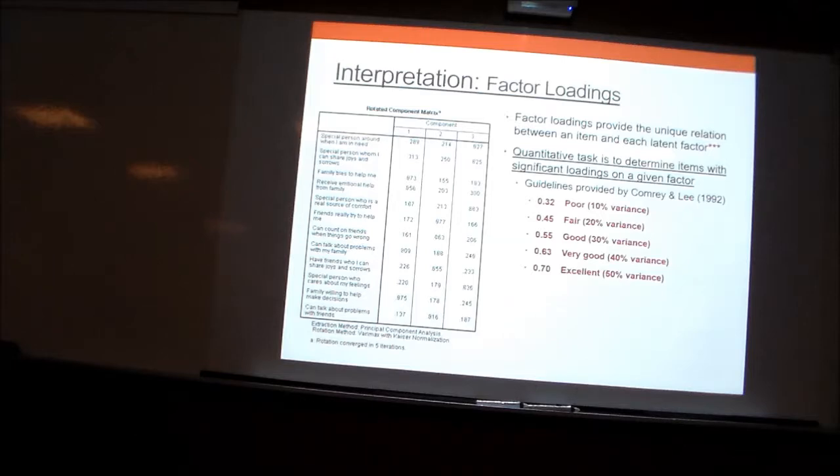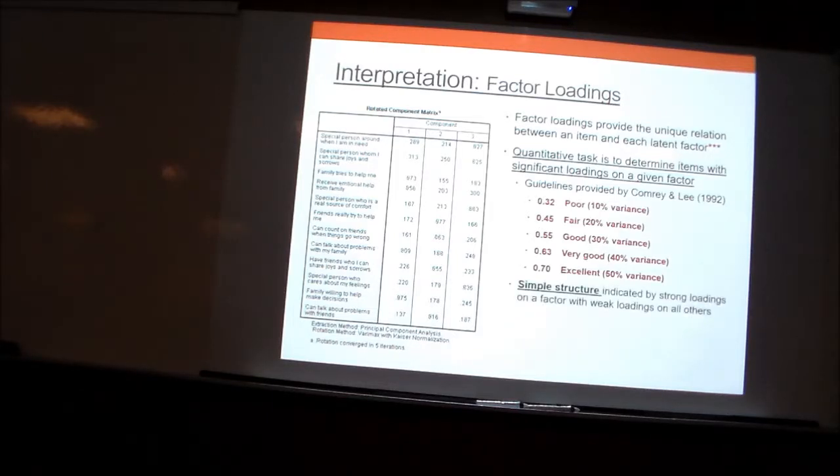Comrey and Lee have a very influential text that identified factor loadings of 0.32 as poor, right? If we square that, we get 10% of the variability in this item attributable to the factor. That's pretty poor, particularly if we're developing a measure where this is an item of this underlying factor. We would hope the factor accounts for more than 10% of the variability. 0.45 is fair, 0.55 good, 0.63 very good, 0.7 excellent.